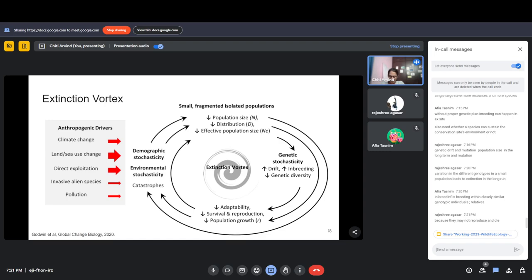But if the population size is small, well, talking about reproductively viable individuals, they can reproduce, and depending on the number of offspring they produce, they can still survive at low numbers of individuals. But the point is that in genetic drift, the effective genetic variation decreases.